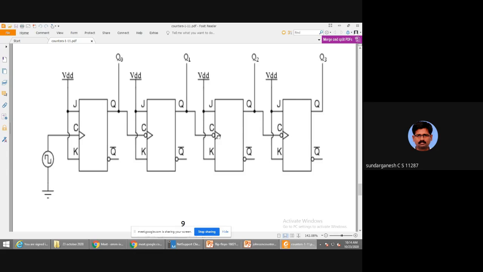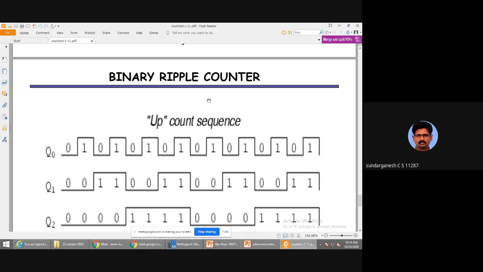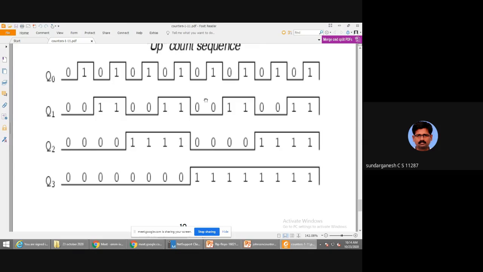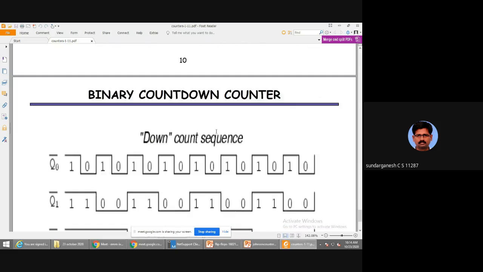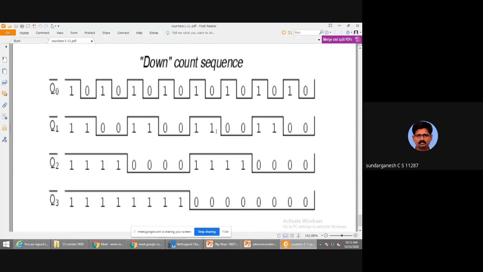So this is a circuit for a 4-bit ripple counter, Q0 to Q3. The up sequence starts from 0, 1, 2, 3, 4, 5, 6, 7, 8, 9, 10, 11, 12, 13, 14, 15, up to 15.